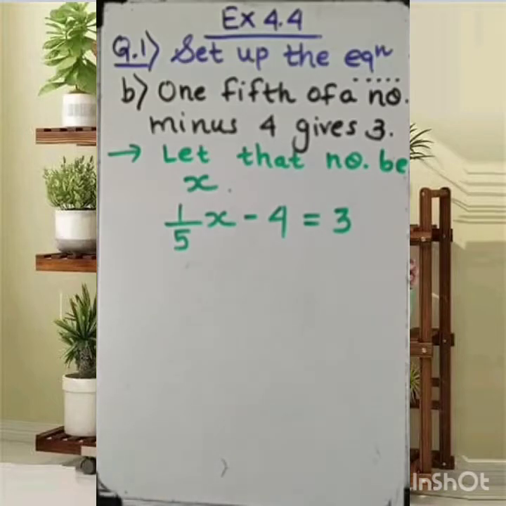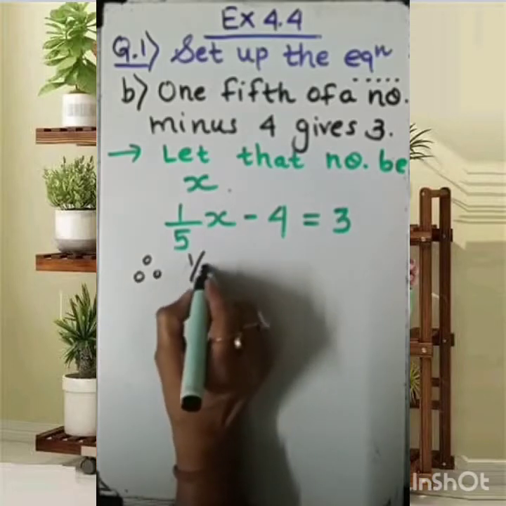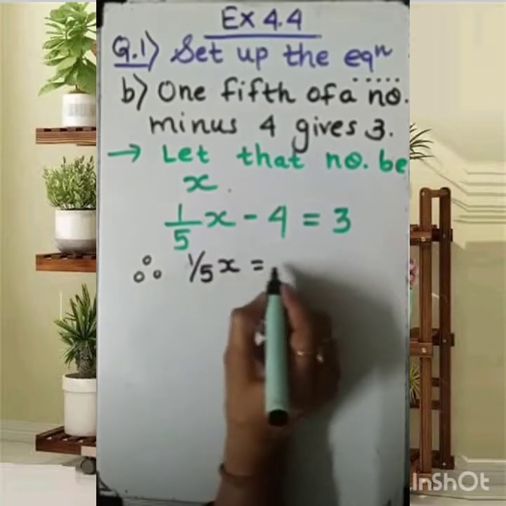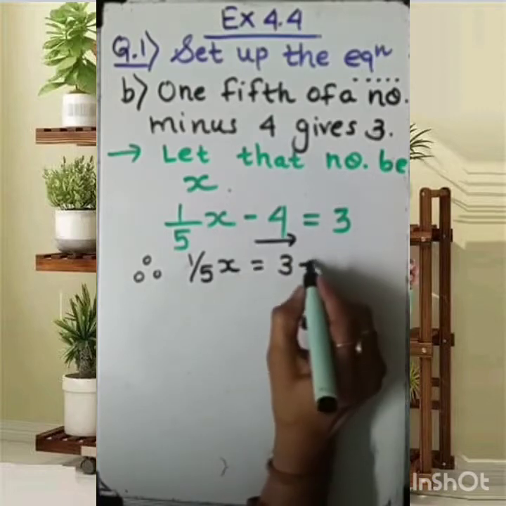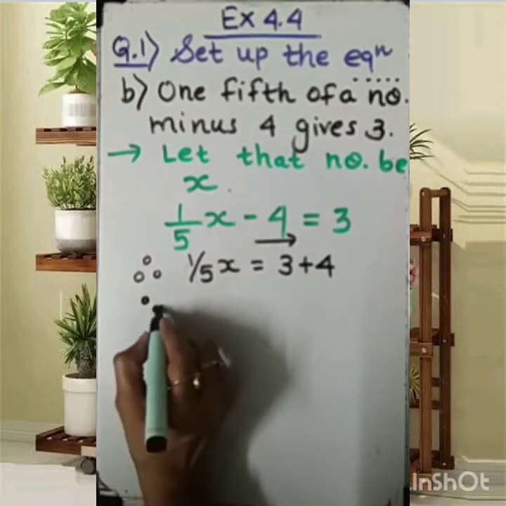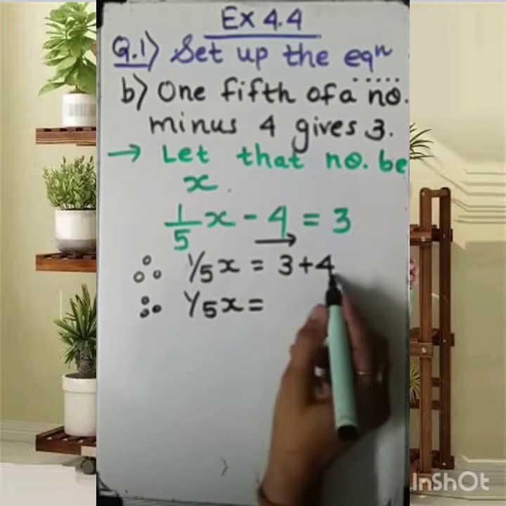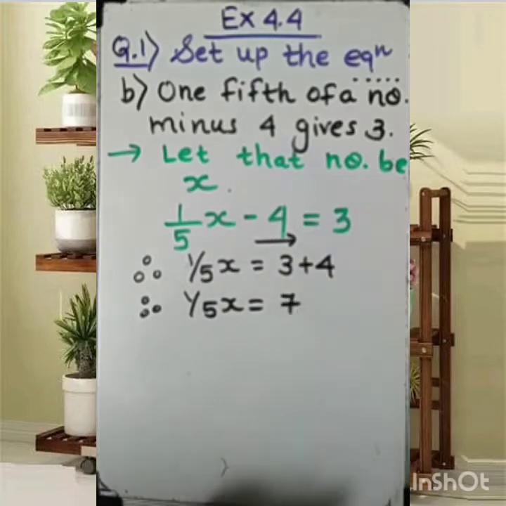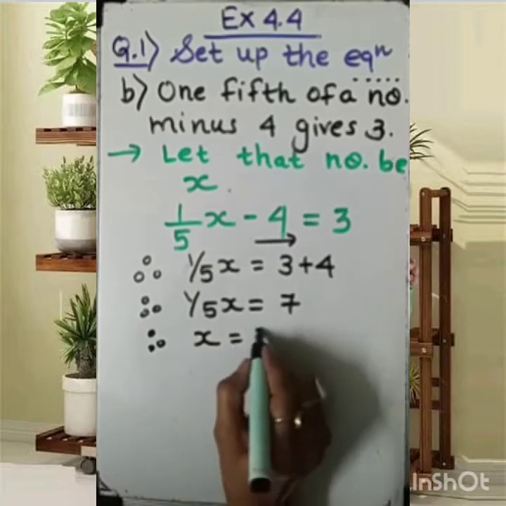So next step: 1/5 x equal to, this minus 4 I am transposing to the right side, so it is becoming plus 4. Therefore 1/5 x equal to 3 plus 4, which is 7.